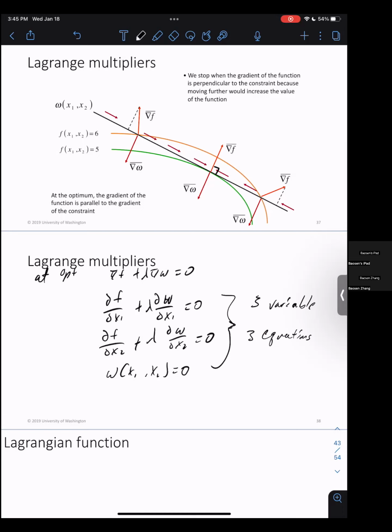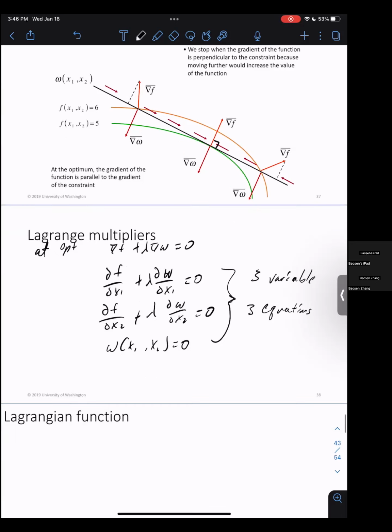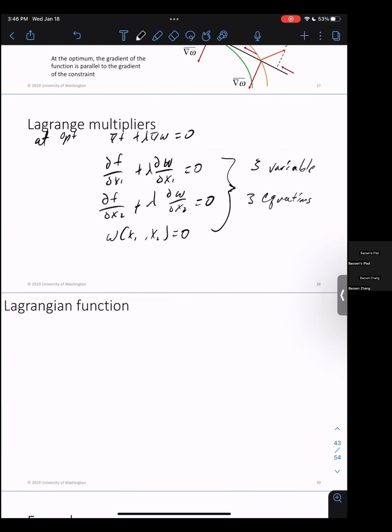All right, so now it's just a matter of solving the system of equations, right? So what we have to remember is this is almost x1, x2, right? Your homework has more variables, but the exact same thing applies. It's just adding more variables, just a bigger system of equations.